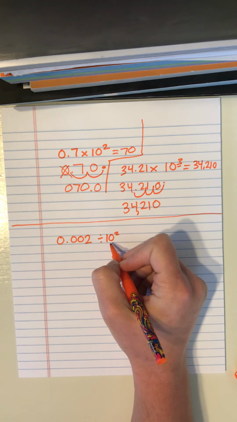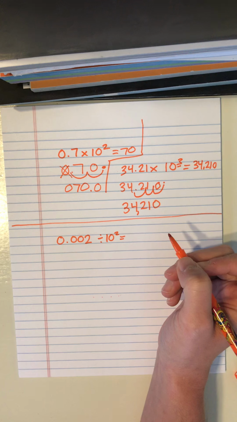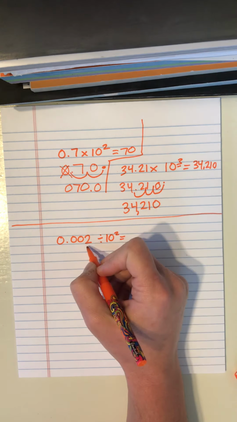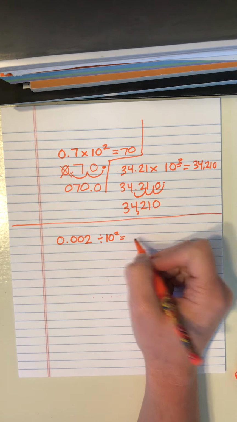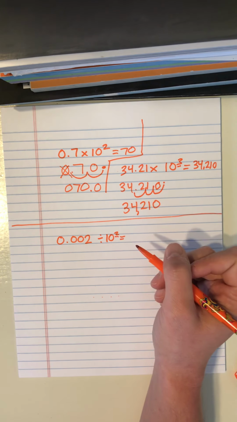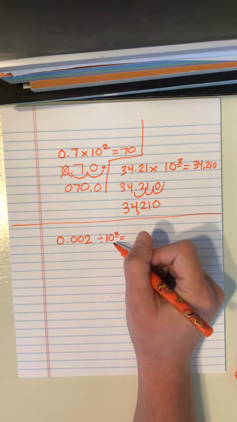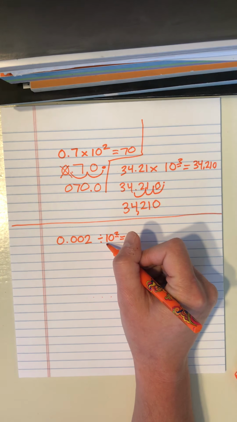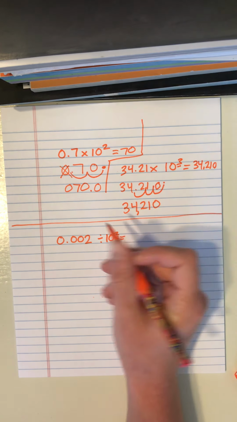When we divide, our answer is going to be smaller. Okay, so we're already starting with a pretty small number. We're going to divide to get to an even smaller number. So remember, our exponent's powerful. It's telling us how many place values we're moving because we're dividing by that base power of 10.